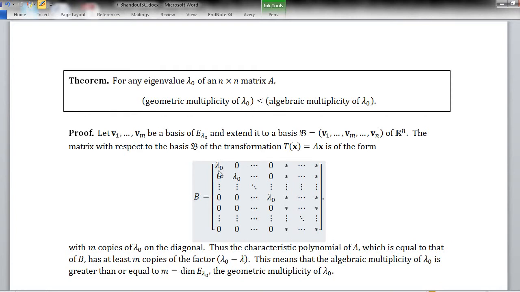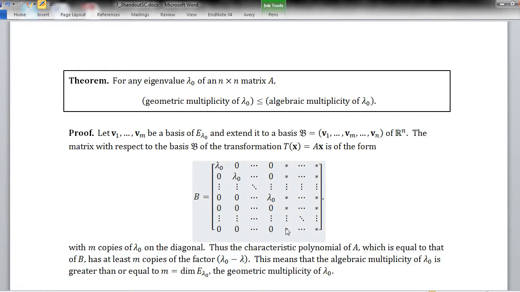And so you're going to pick all of those, lambda naught minus lambdas, and then some other stuff from this n minus m by n minus m square on here. Okay. We don't care about that last part. We just care that the characteristic polynomial is going to have a lambda naught minus lambda to the mth power factor at least.